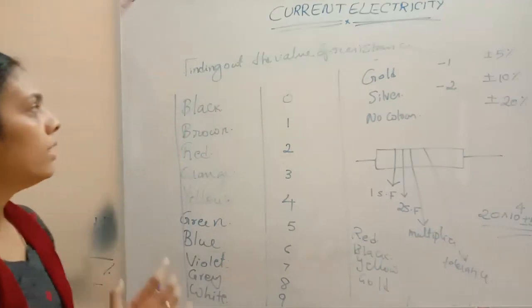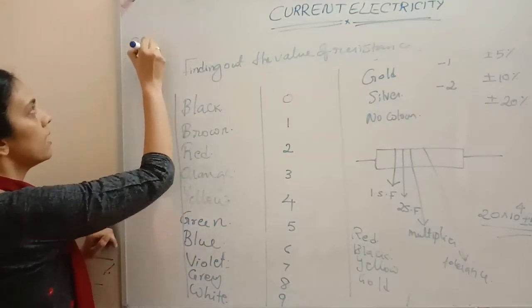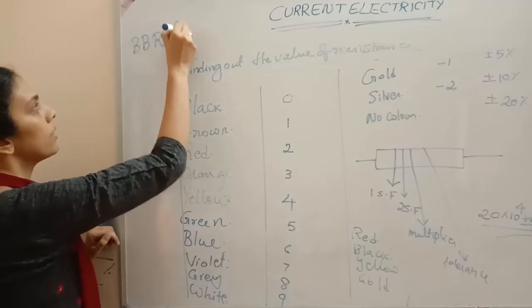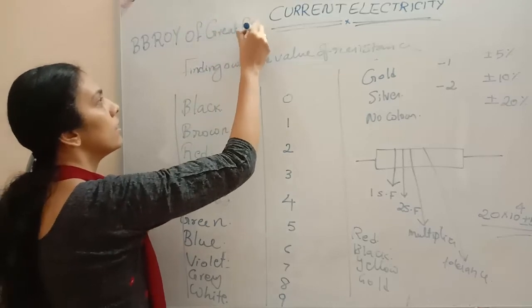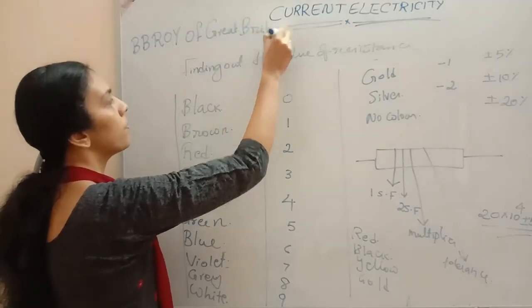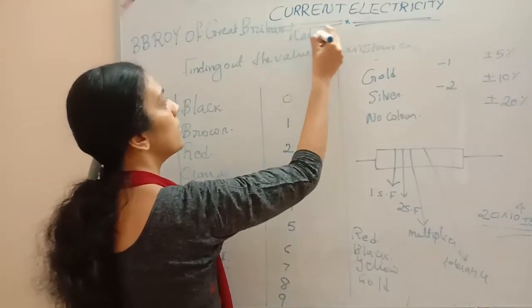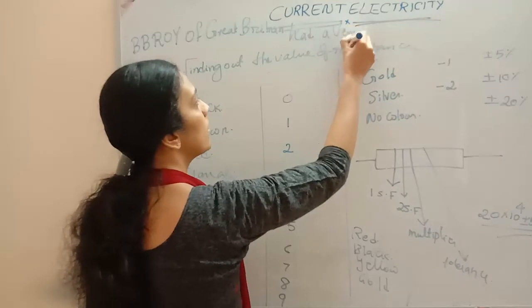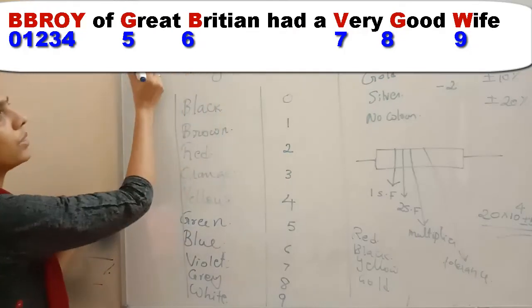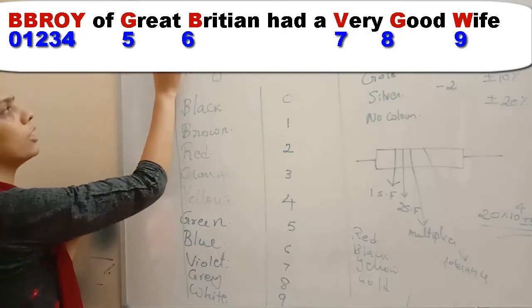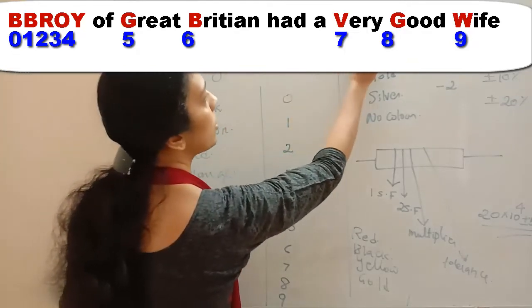Clear? To remember this, a code we usually use is: B.B. Roy of Great Britain had a very good wife.